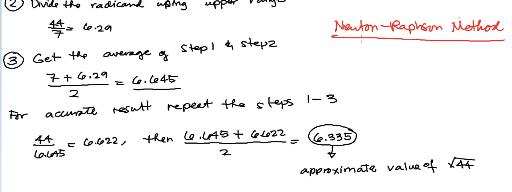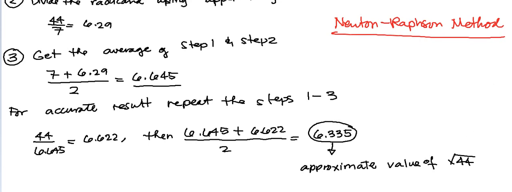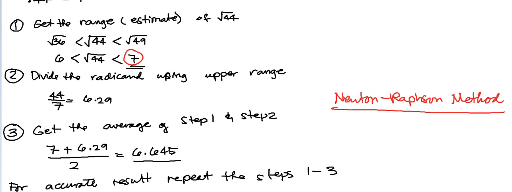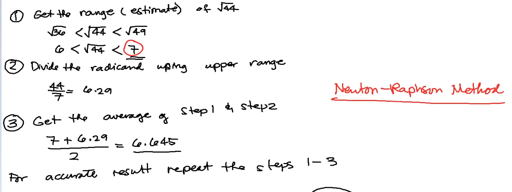Okay, so you try to search for this. I just don't know the spelling of Raphson. Okay, so this is how they call this one, to get the approximate value of irrational square roots.